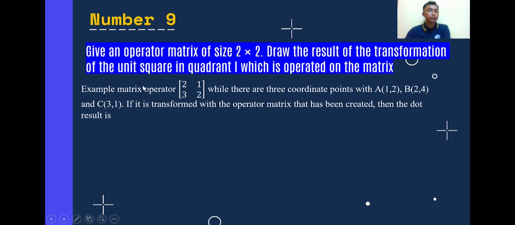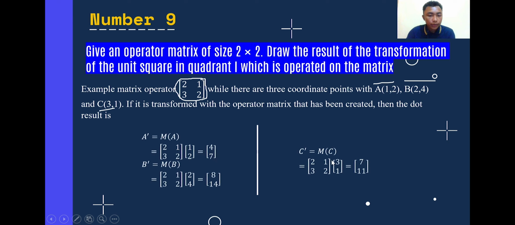We have a matrix operation 2, 1, 3, 2, and we have coordinates A is 1, 2, B is 2, 4, and C is 3, 1, and we will transform them with this matrix operation.